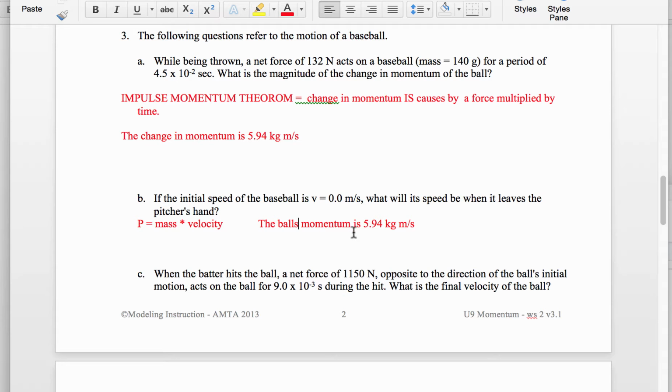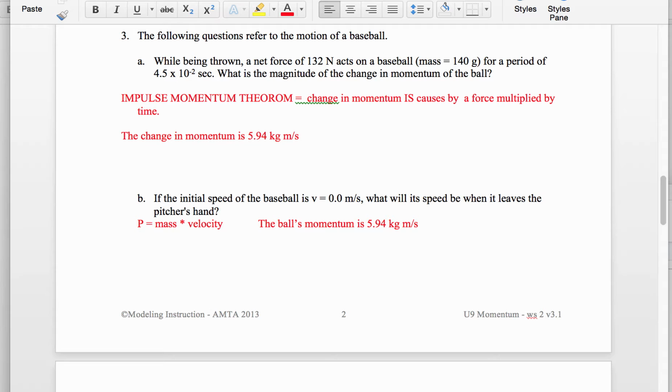Okay, so we know the momentum of the ball. So I'm going to rewrite this equation. We know the momentum is 5.94 kilogram meters per second.